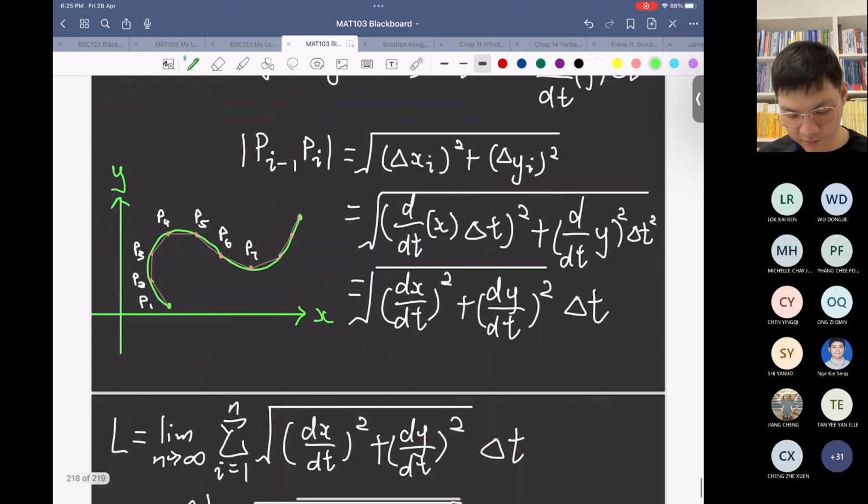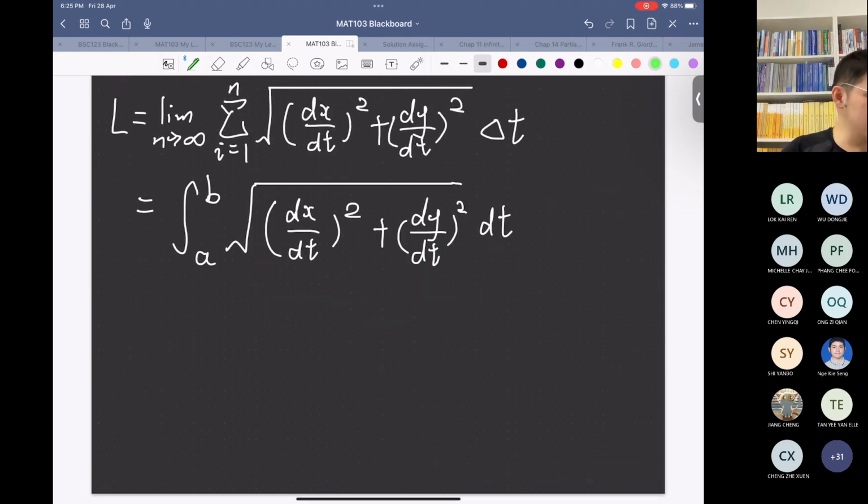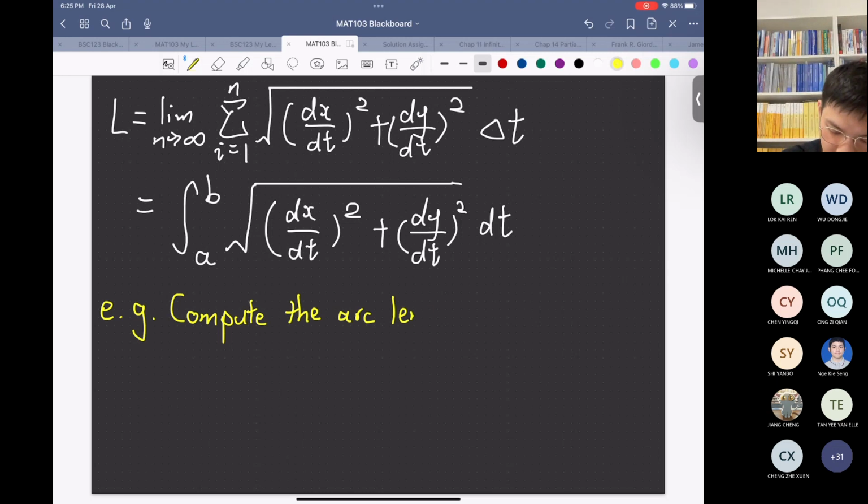If this proof doesn't look appealing to you, let's do some calculation first. Let's do some calculation to convince ourselves this formula is actually useful. Let's compute the arc length of the following curve.